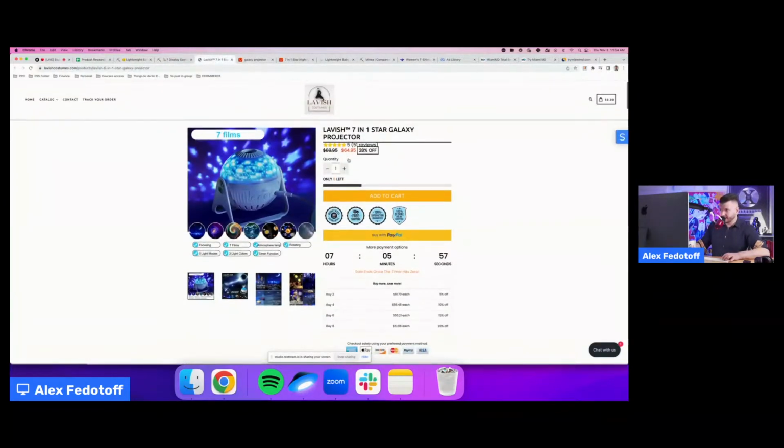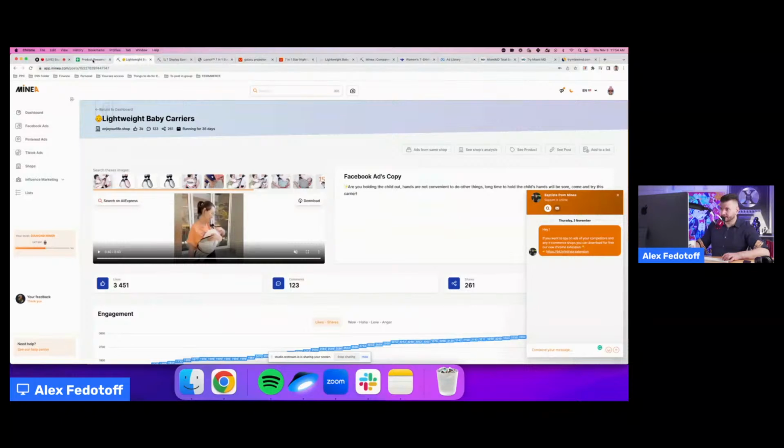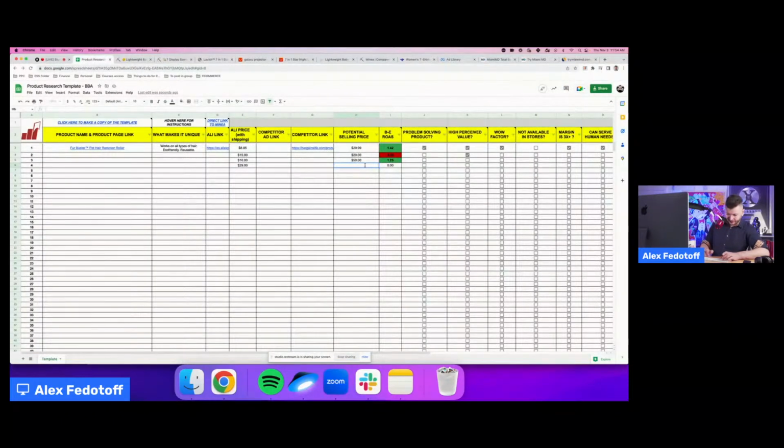We see that this product can be sold at $64, right? So now we have a 1.83 break-even ROAS. That's quite high, right? If I would be able to source this product for $25, the break-even ROAS becomes 1.64, which is reasonable, right?